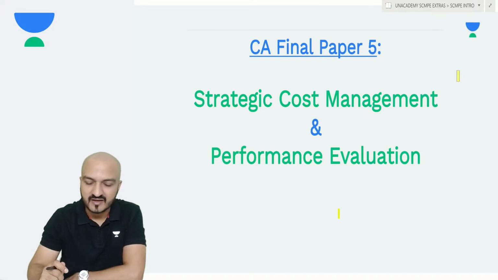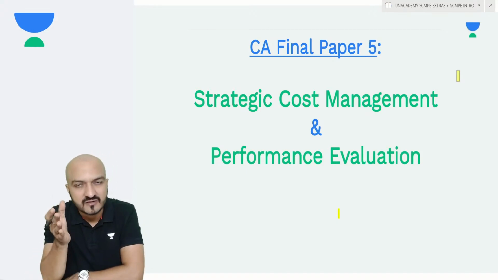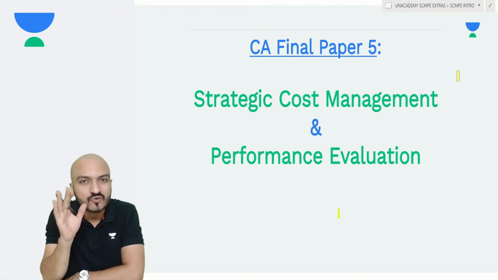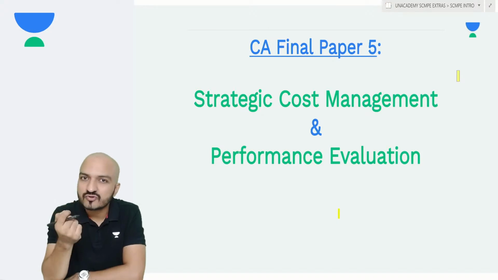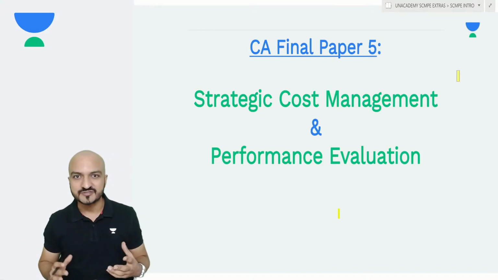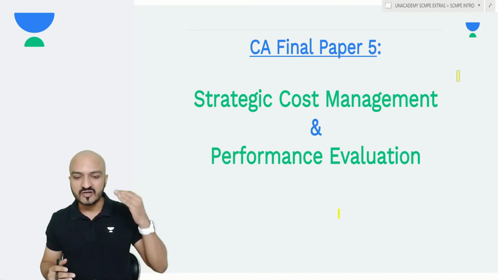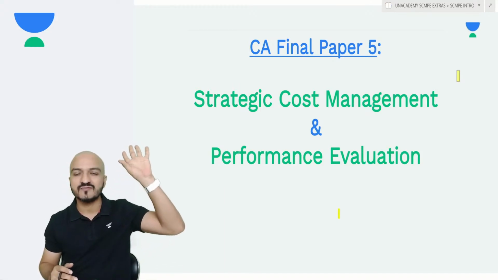See, I always expect that by the time you reach CA final, you forget your inter level, everything. You know why? Because by the time you start your CA final, you start doing articleship, and the moment you start doing articleship, your knowledge starts going out.